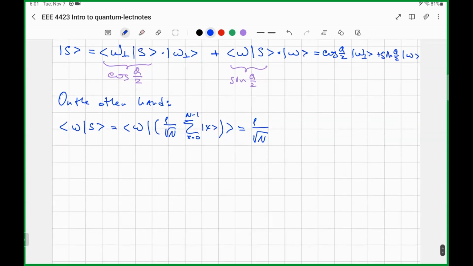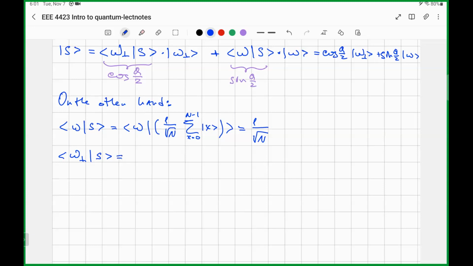Okay, similarly, for the state omega orthogonal, which is now a combination of all states except for the state omega.